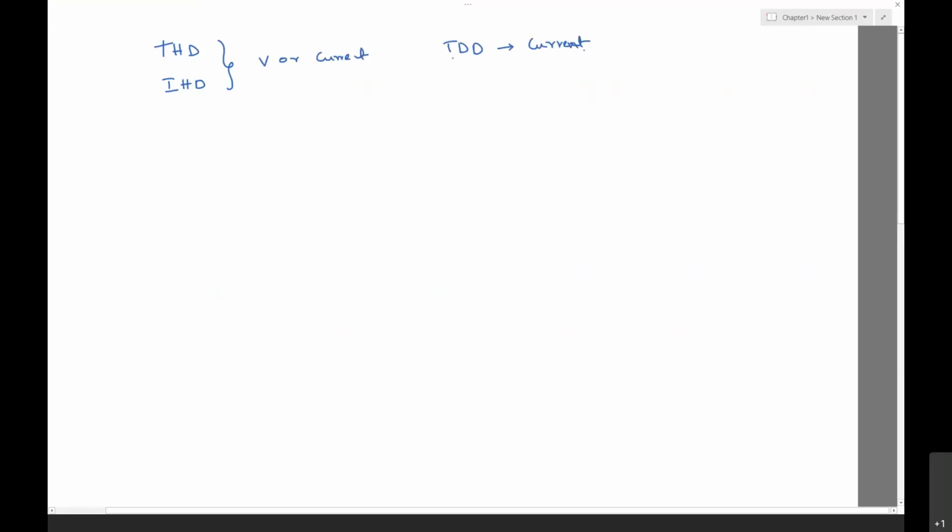And the individual harmonic distortion, you can use at any point of time.